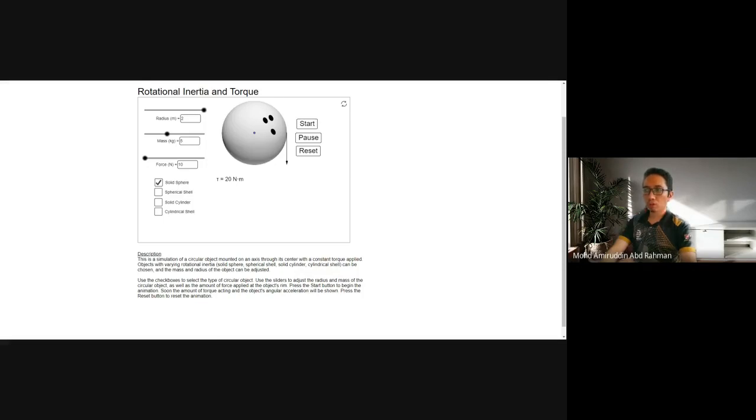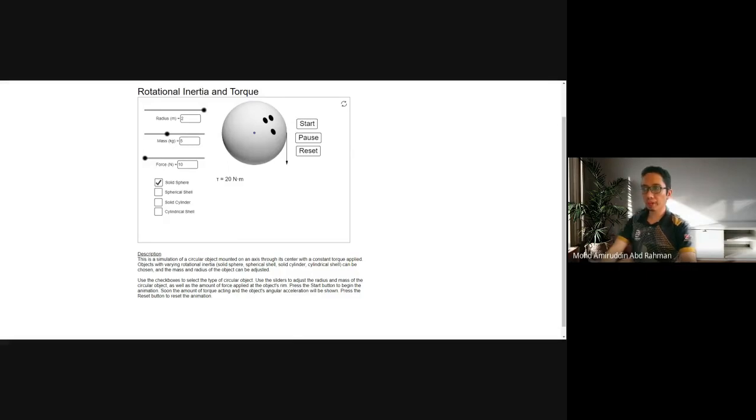For experiment number 2, you are given this table where you have the torque and alpha. Alpha is the angular acceleration. Plot the torque versus alpha.